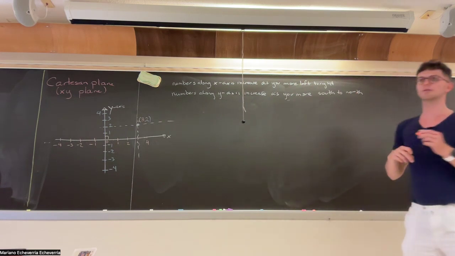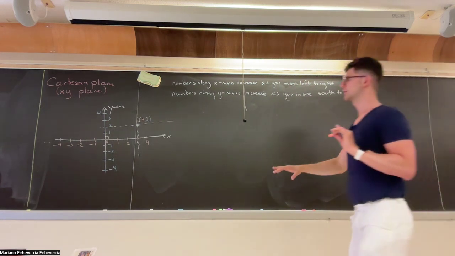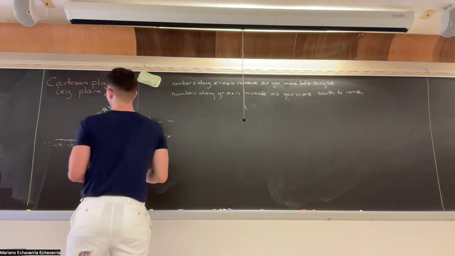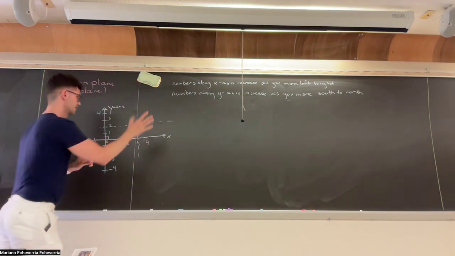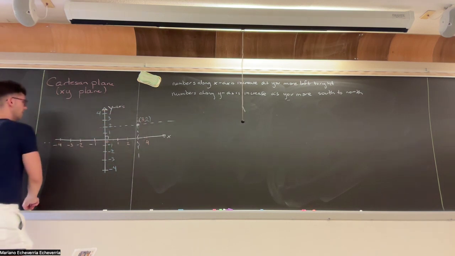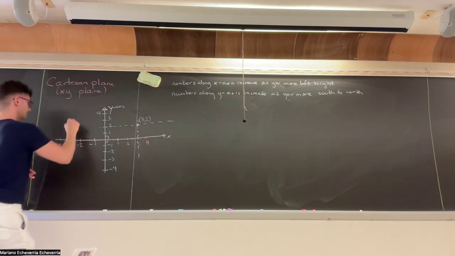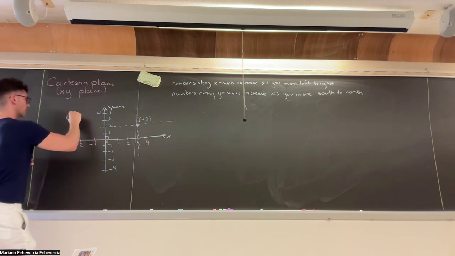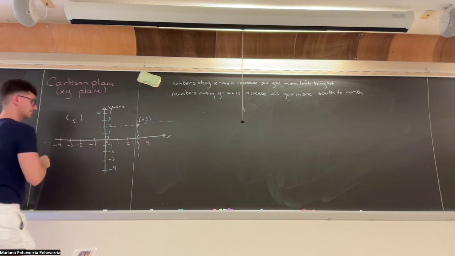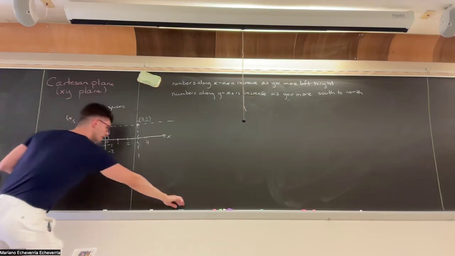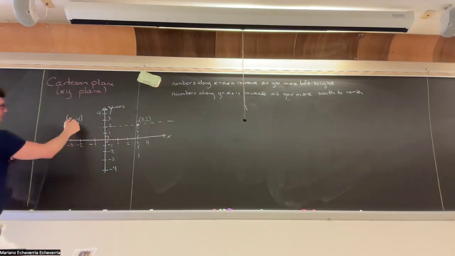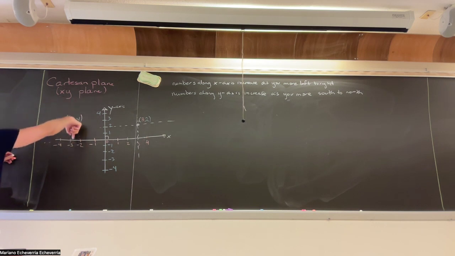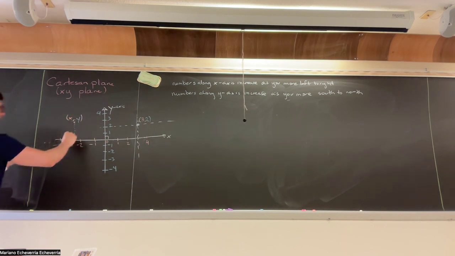So in general, when you refer to a point on the XY plane, let me put it somewhere else so that you don't think I have to stick with this side of the plane. If I write something like x comma y, then if you move down toward the x-axis, the corresponding value on the number line will be x.